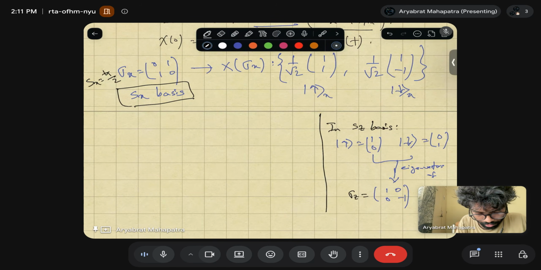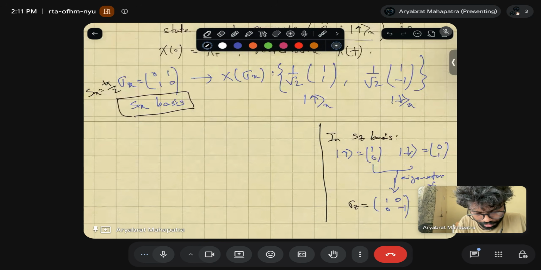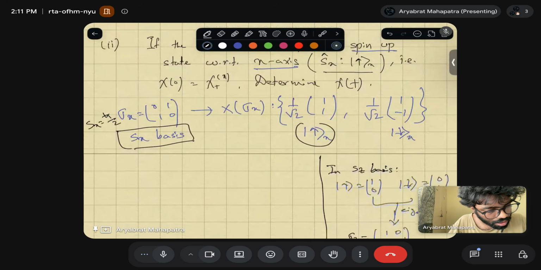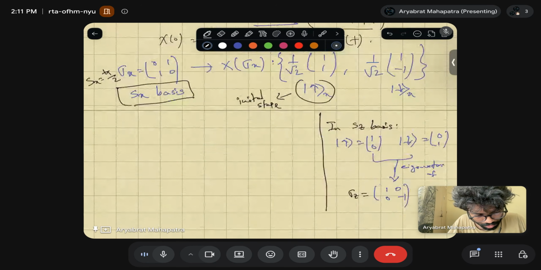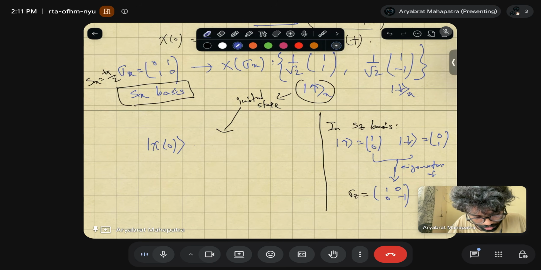So it is given that your initial state is the spin up state. That means chi at 0 is your initial state.